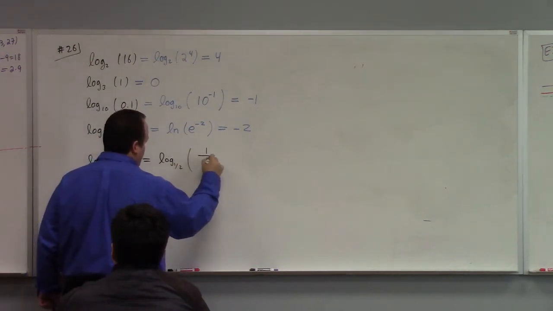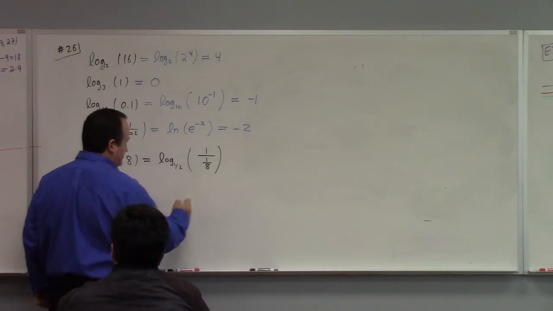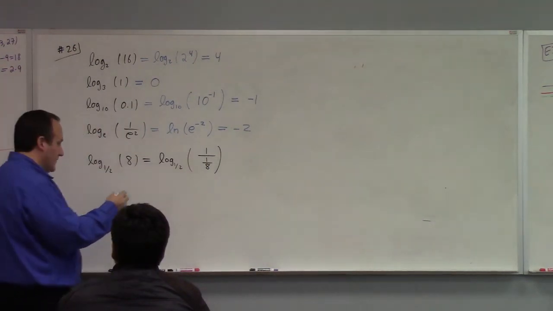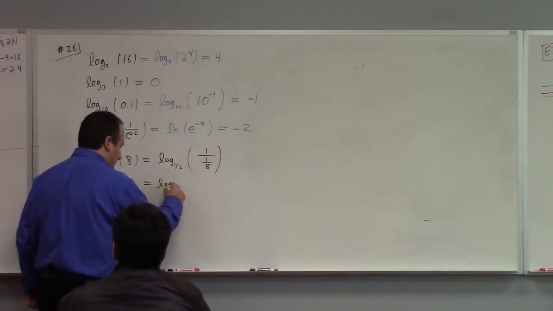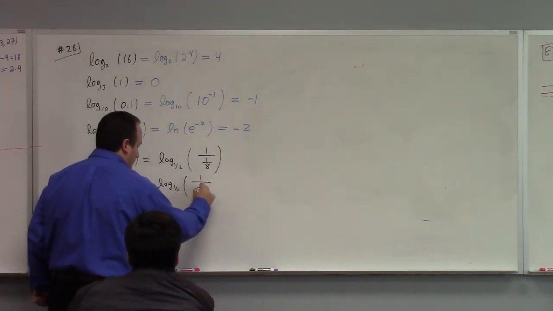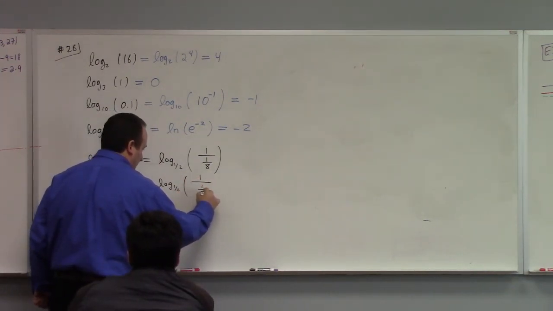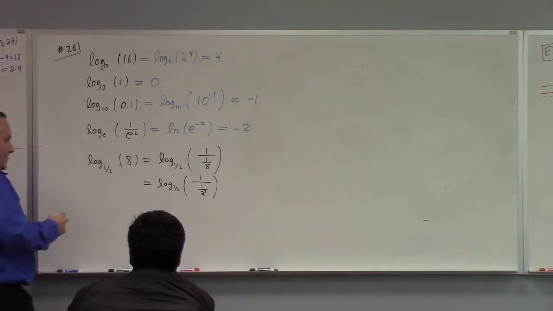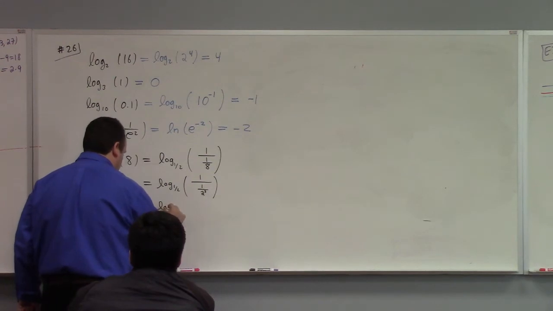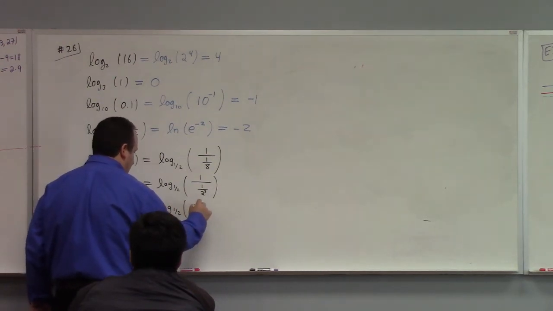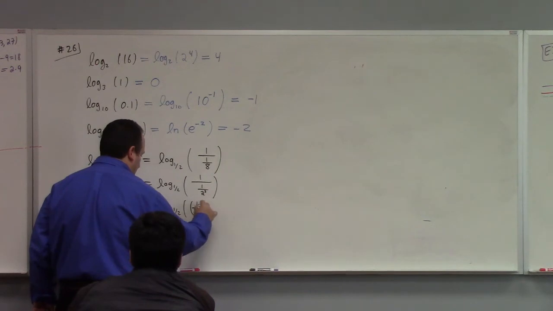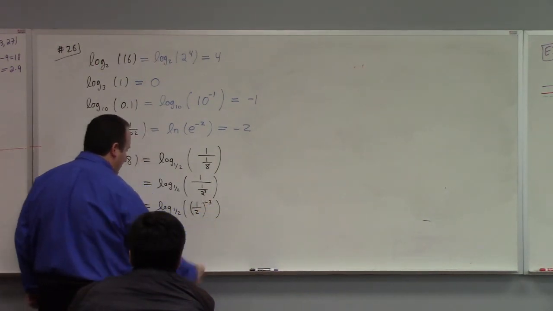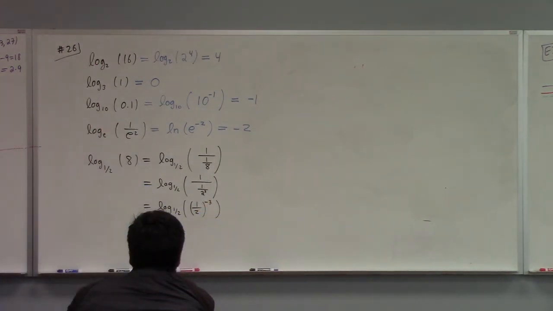So 8 is 1 over 1/8, and that is 1 over 2 to the third power, which is really log base 1/2 of 1/2 to the minus 3 power. Okay. So the answer is minus 3. Yeah.